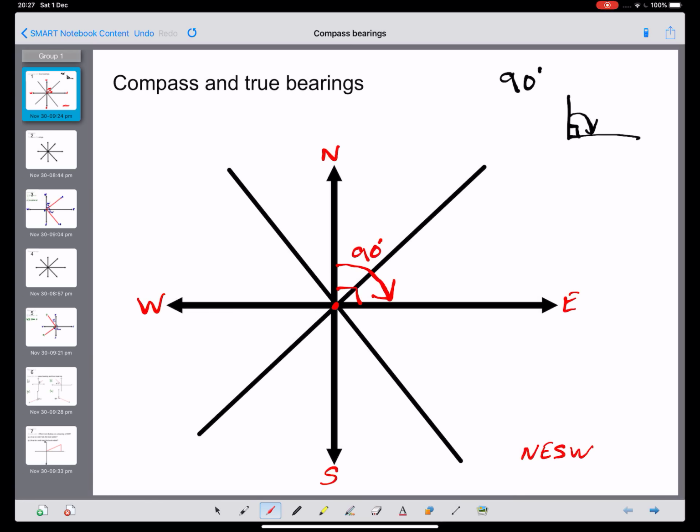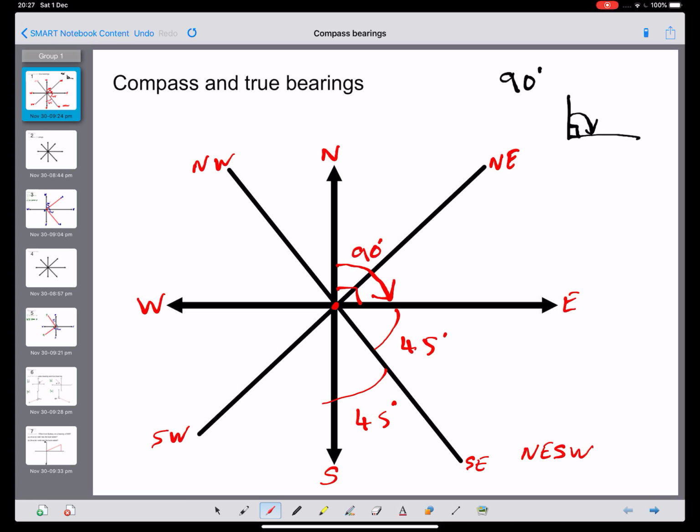Okay, we can further split our quadrants by this bisector here, and this is defined as northeast, southeast, southwest and northwest. And because it bisects our quadrant, we say that this makes an angle of 45 degrees.